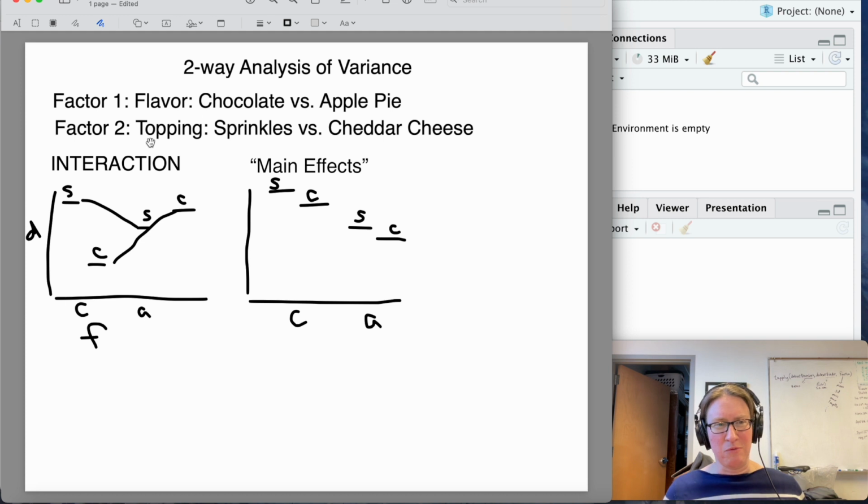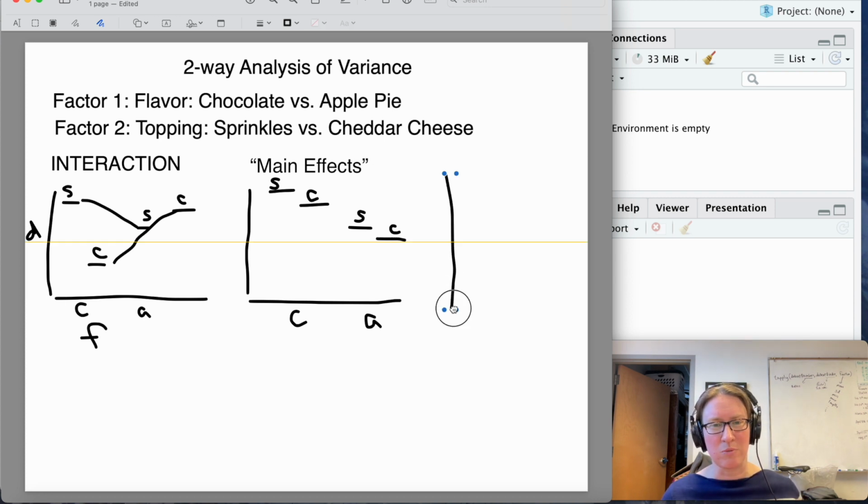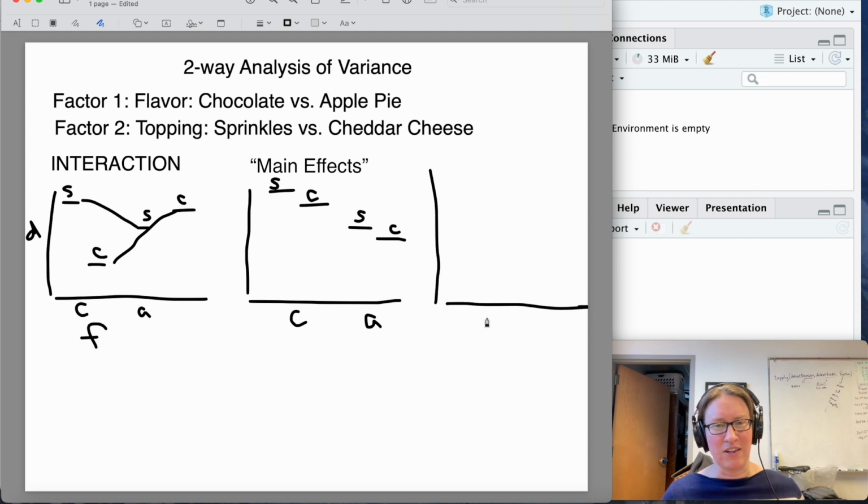So with two-way ANOVA, again, you're going to first evaluate, is the interaction between the factors significant, right? Because if it is, right, we can't say a simple story about what's going on with flavor or topping. But if the interaction is not significant, then we should go and evaluate, is each of these things on its own a determinant of how delicious the ice cream is, right? And then there could be another situation, of course, where past this point, maybe nothing is really significant in this scenario, right?